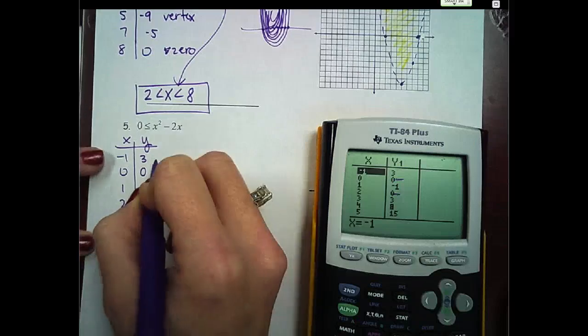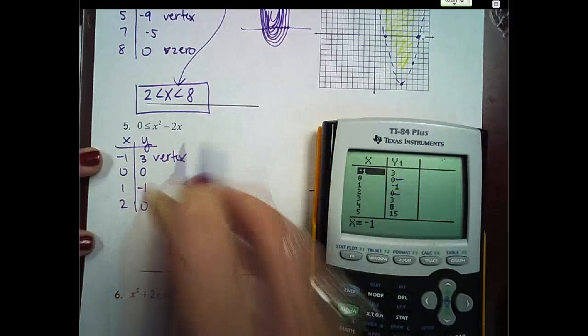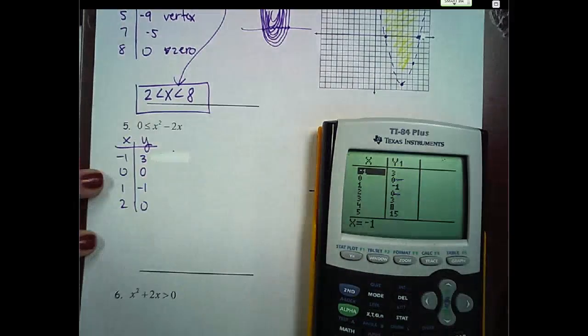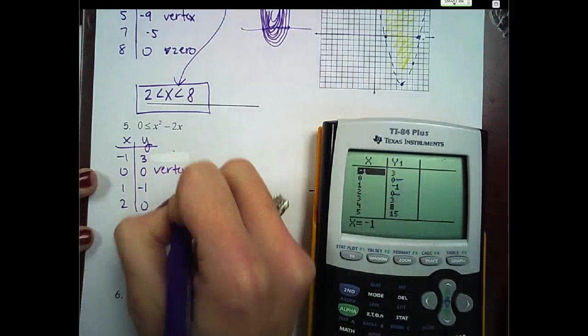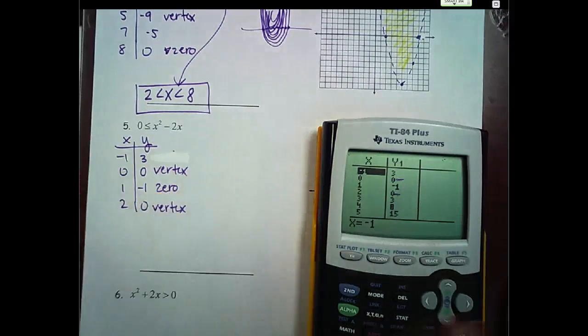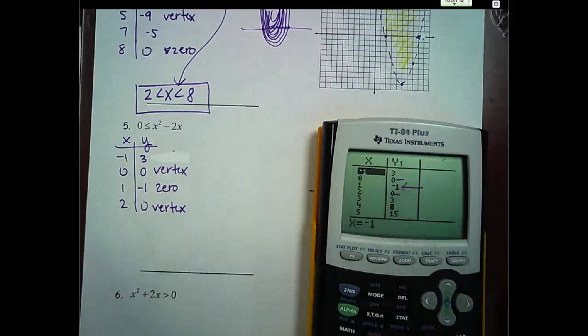Label the vertex. And label your 0. Remember, your 0 is going to be the minimum. Here's your 0 right here. It's always the minimum. Well, in this picture, it can be the maximum as well.